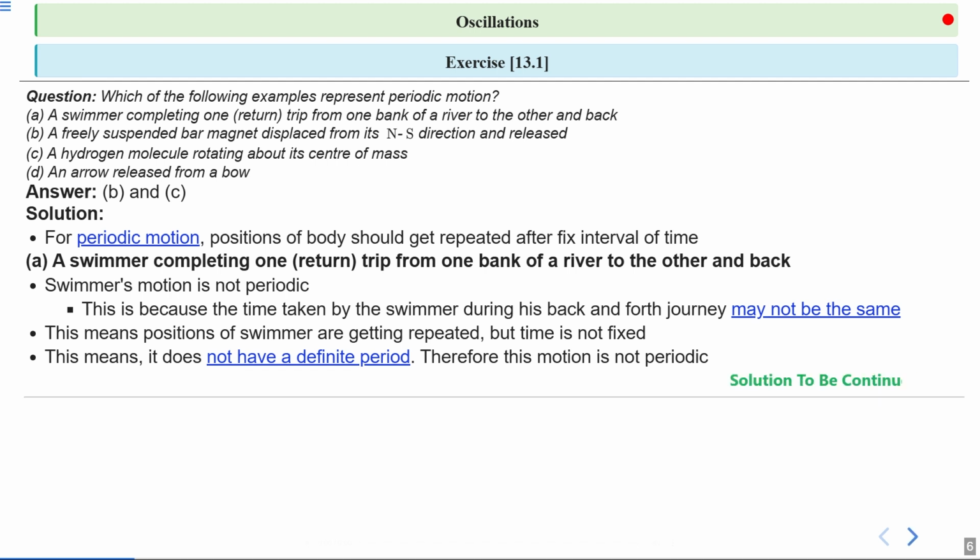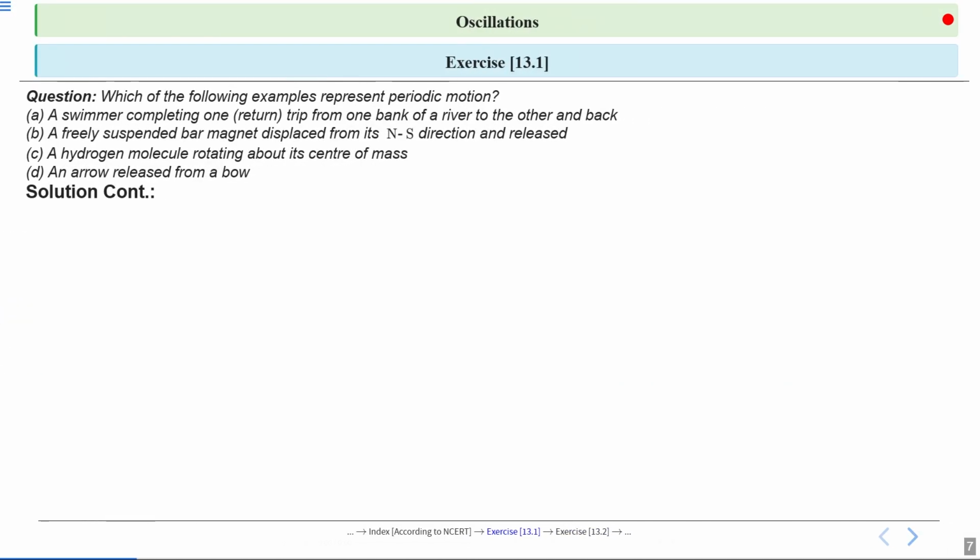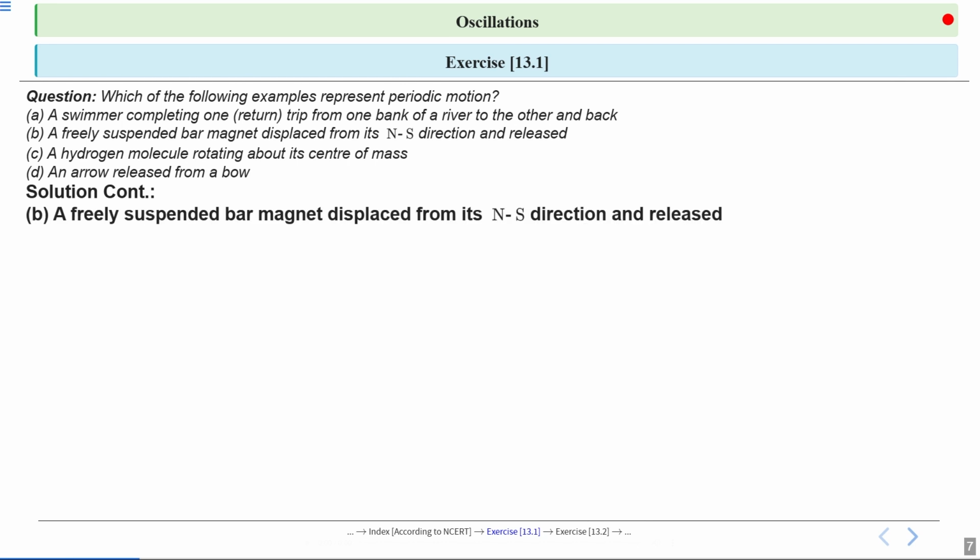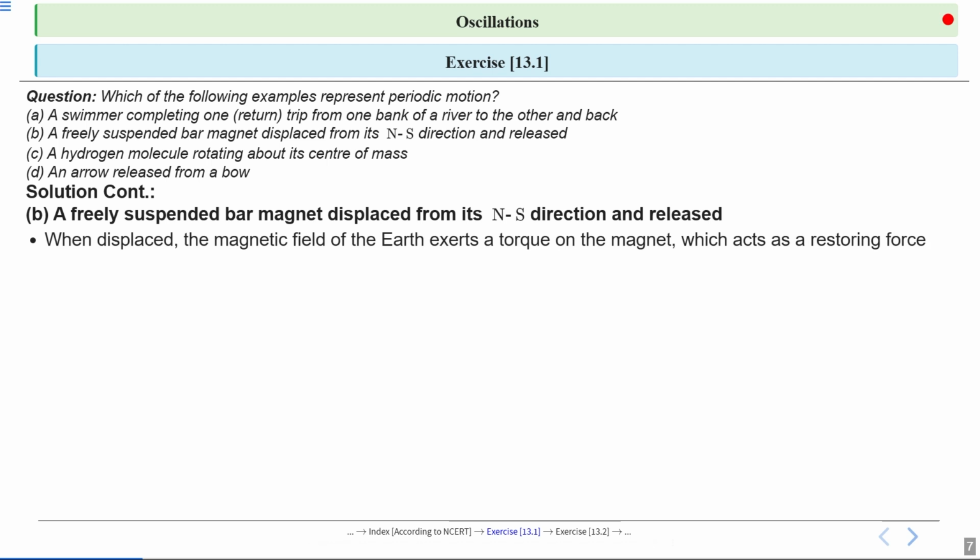Alright. Now, let's focus on example B. A freely suspended bar magnet displaced from its north-south direction and released. When the magnet is moved away from its north-south alignment, the Earth's magnetic field creates a torque on it.